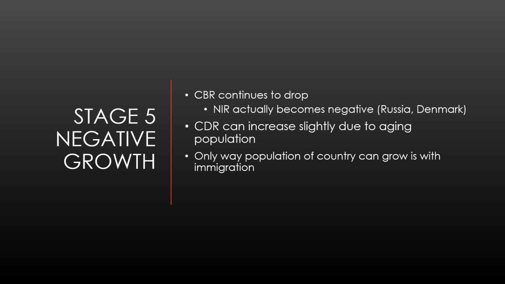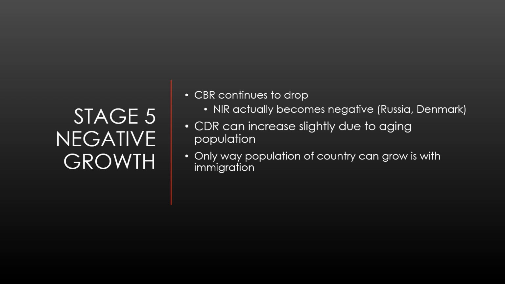And then finally, we have a stage 5 country, and really what we can say here is that the birth rate is now actually lower than the death rate. The NIR actually becomes negative, and the death rate can go up a little higher because of aging population. You have so many old people that the death rate is actually higher than it was maybe in stage 4.